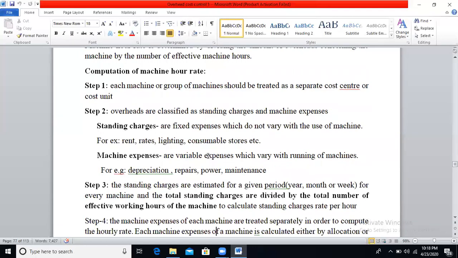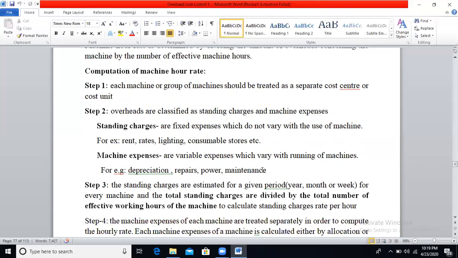Then second is machine expenses. These expenses are also known as running expenses or variable expenses. It means these are the expenses which vary with the running of the machine. If you use the machine, they will vary as per the running of the machine. For example, depreciation, repairs, power, maintenance.